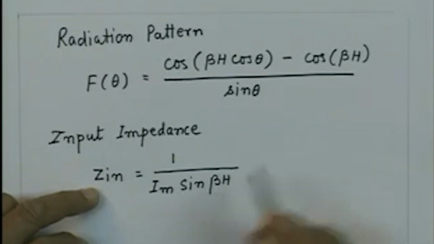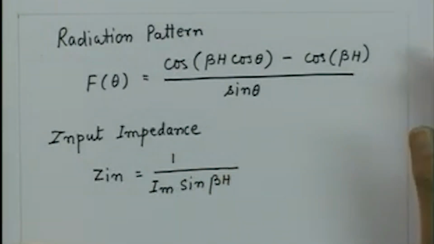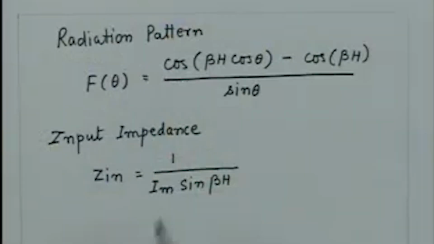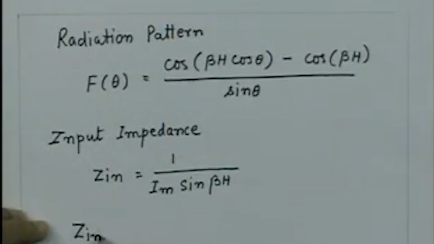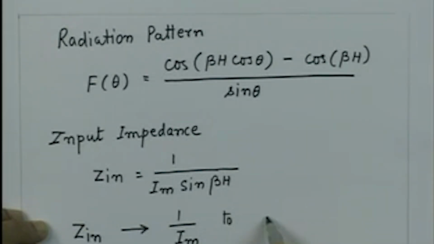So, I may get the highest value of the input impedance, which will be as high as infinity, and I may get the lowest value when this is maximum, that is 1. So, that will be equal to 1 upon I m. So, essentially the input impedance now may vary from 1 upon I m to infinity.